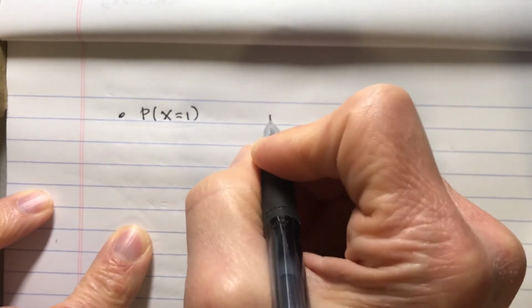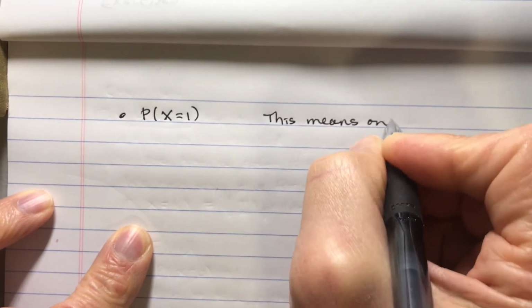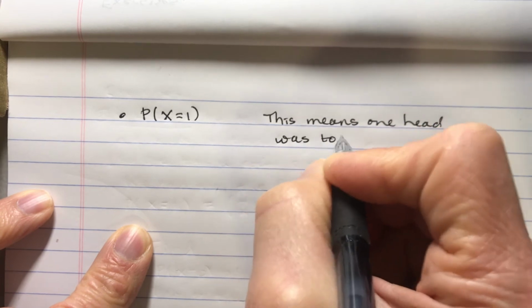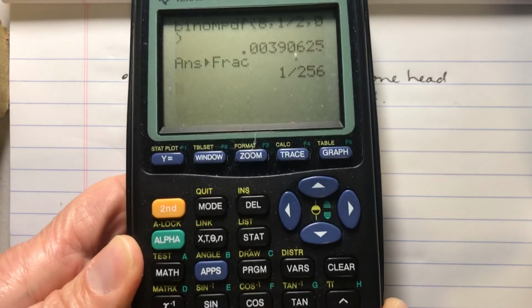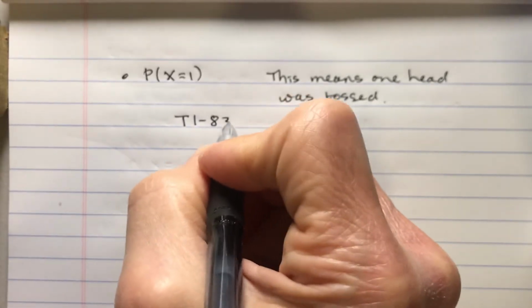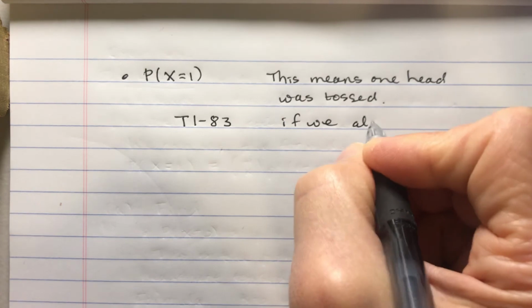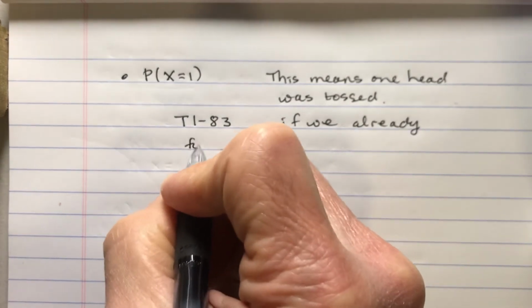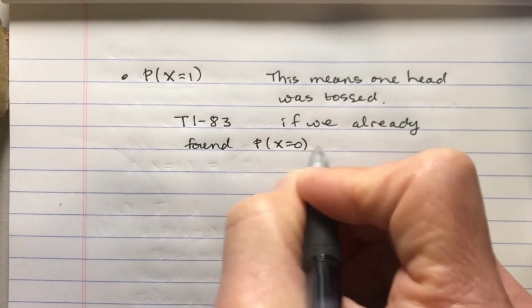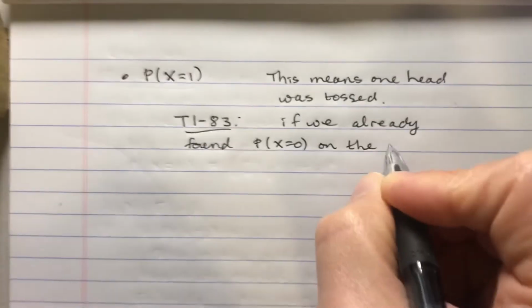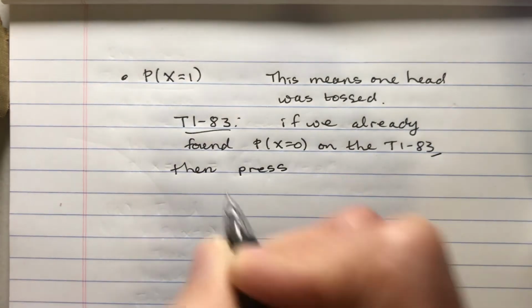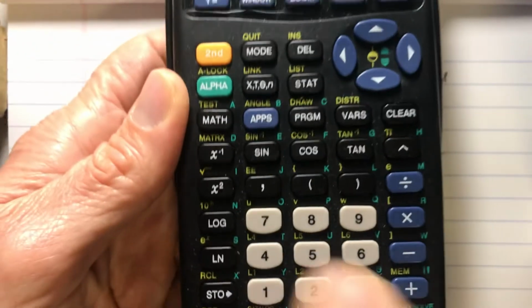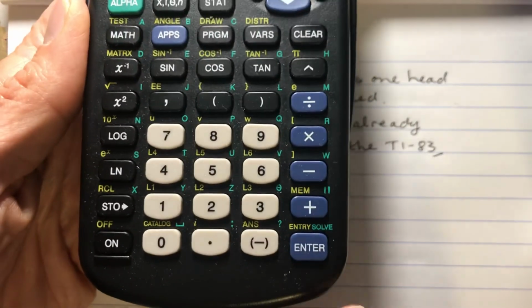So this means one head was tossed. This might seem a little bit like cheating, but on the TI-83, if we already found the probability x equals 0, then press second, entry.